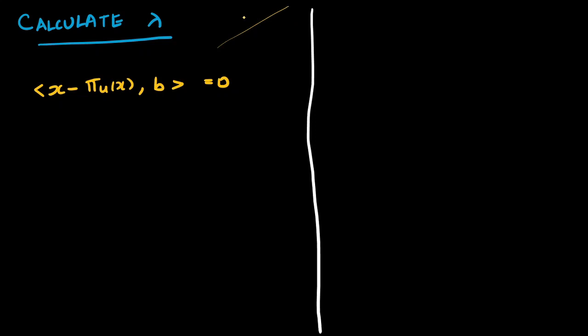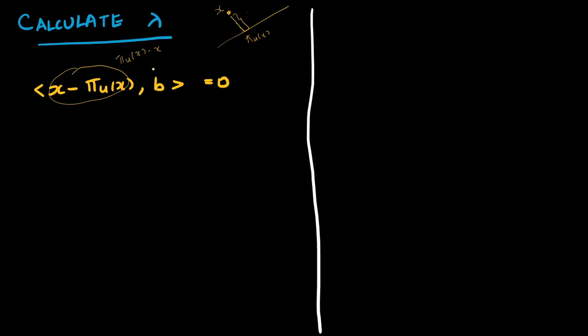That means if you have the line and this is your x, and you find the projection pi u of x over here, and this is actually the vector, this one. Okay, this vector, you can represent it as x minus pi u of x, or you can represent it as pi u of x minus x.